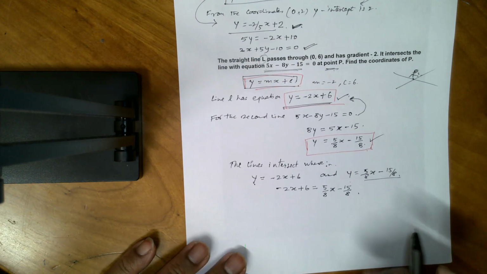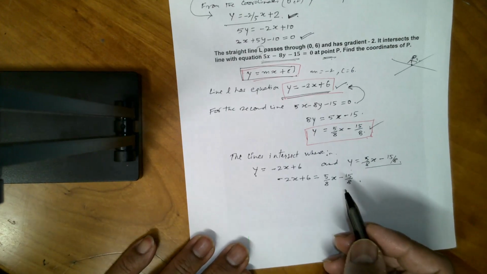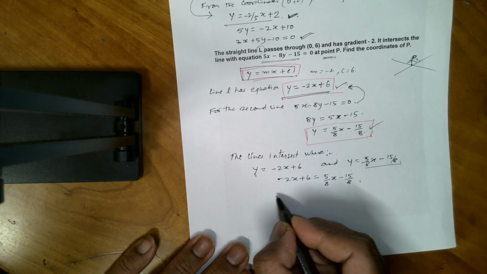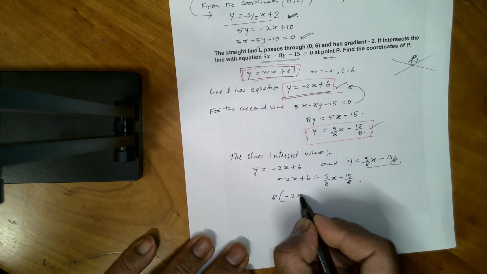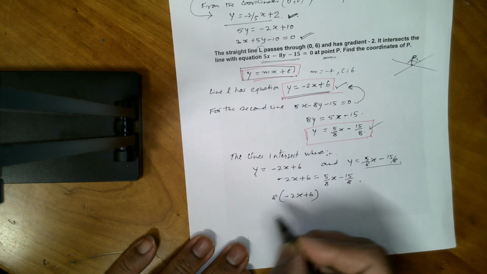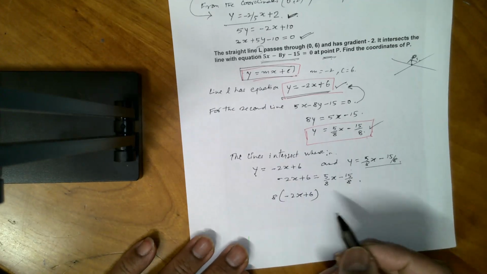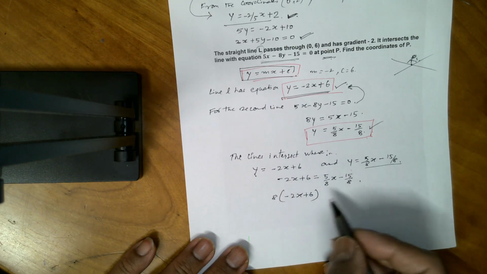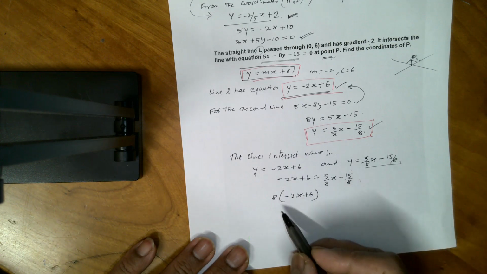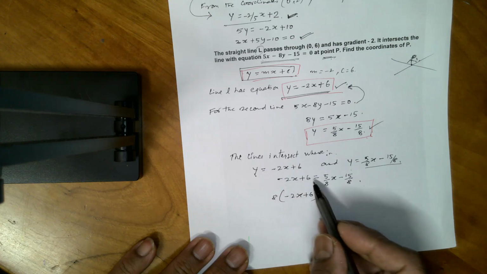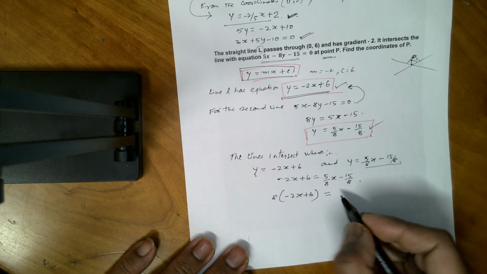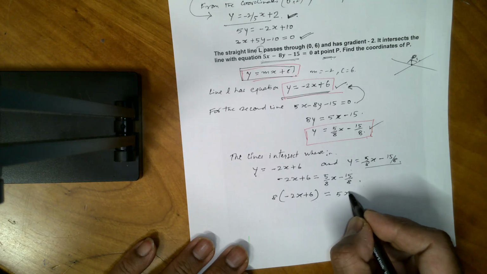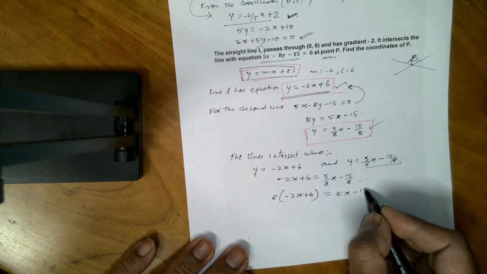Okay, simply just rearrange this one. From here we get 8, we bring this 8 to the other side, so that we can write this equation. Minus 2x plus 6, we just put this in a bracket, that will be equal to 5x minus 15.